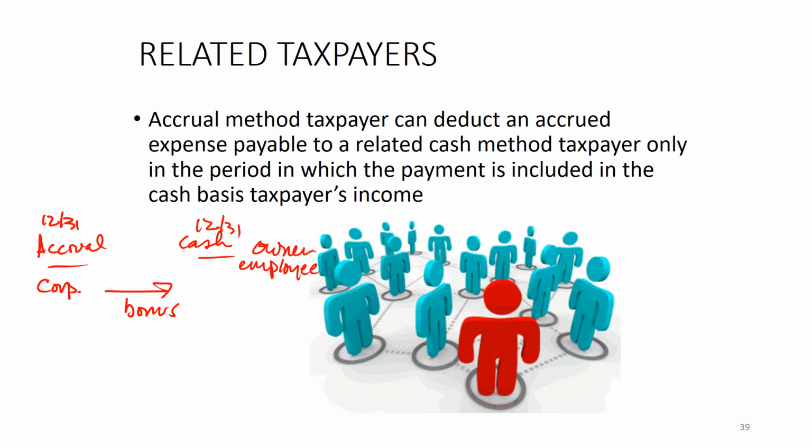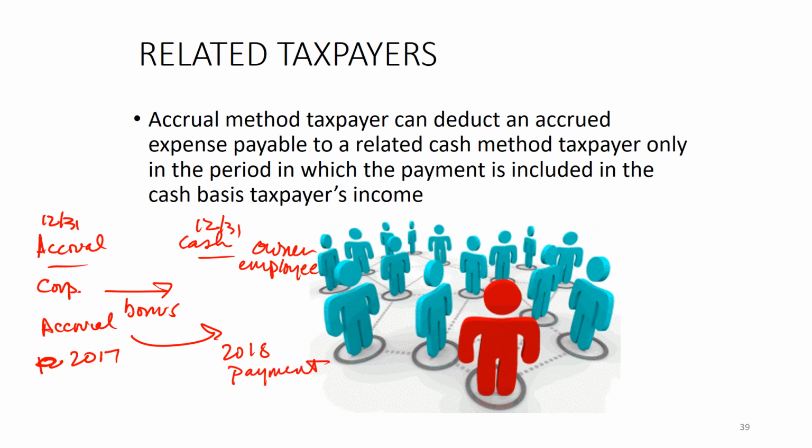We'll get into related in another chapter, but an owner of a company would be related. Because it's accrual, it's just going to accrue it. It just declares the bonus but doesn't actually pay it. That's in 2017, it makes that declaration. Then in 2018, it goes ahead and pays the bonus.